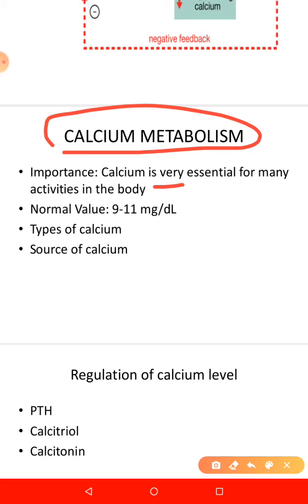Calcium is important in skeletal muscle activity. For smooth muscles to contract, they require calcium to bind to calmodulin, so that they form a calcium-calmodulin complex. In cardiac activity, the action potentials of the cardiac muscles are also dependent on calcium and sodium, if you recall the action potential of the cardiac muscles.